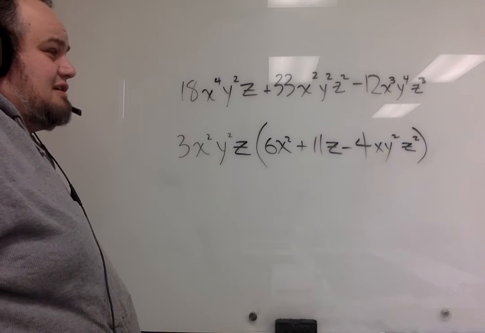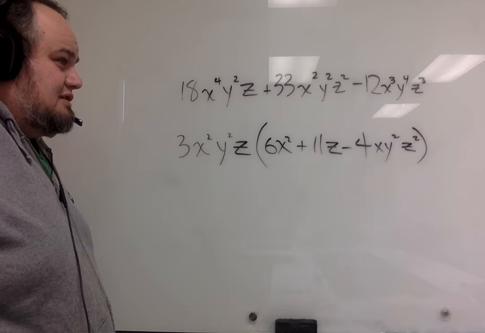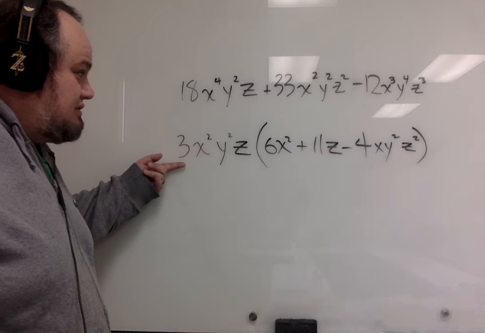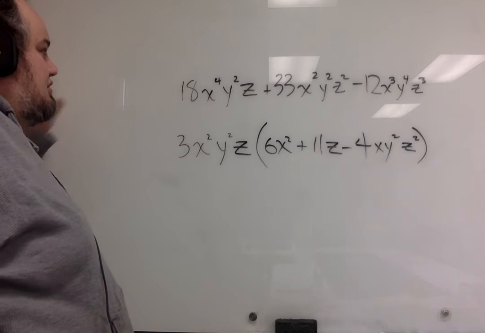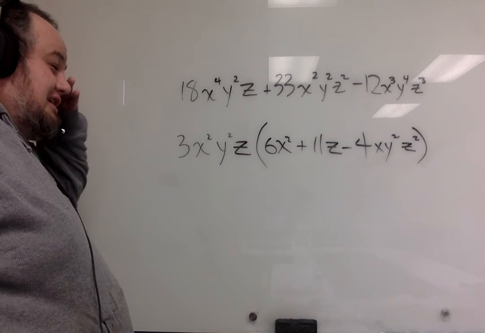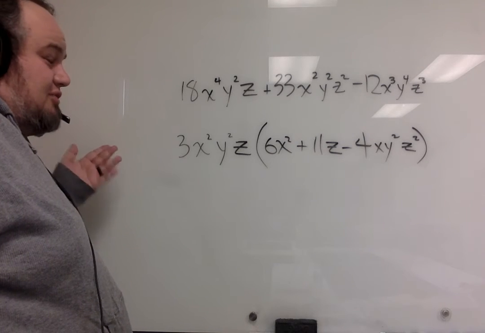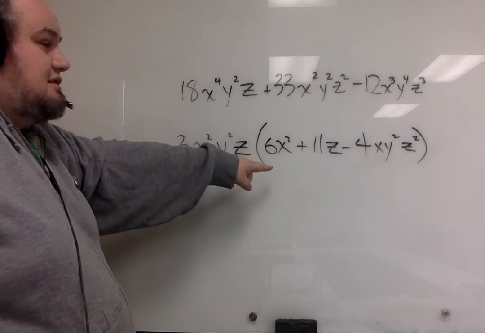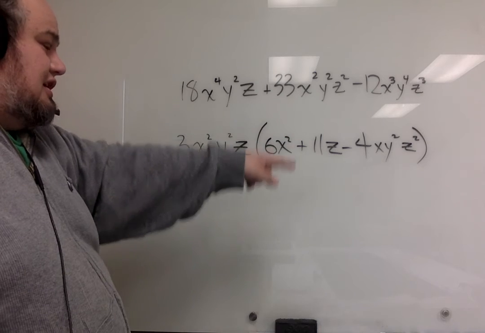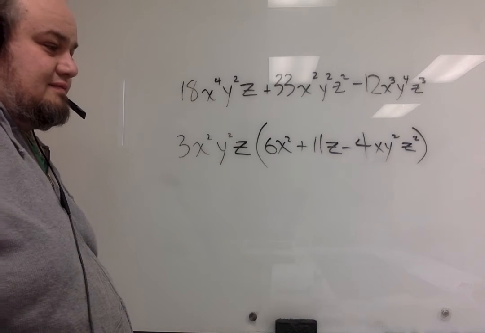You're trying to find the most that you can take out of all of them, and then you write that monomial here, and then you divide each one by that monomial, just like we were doing in the last section of the last chapter, dividing by a monomial. You write the quotient, what you divided to get, over here, so you get each of those terms over there.